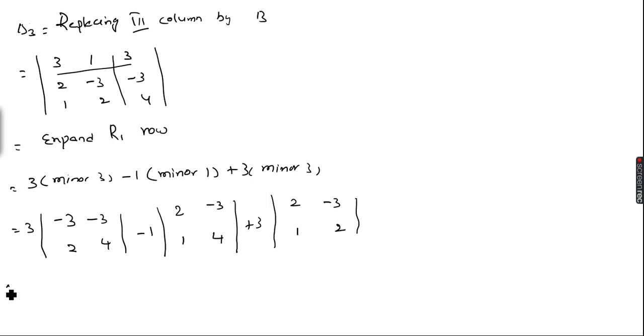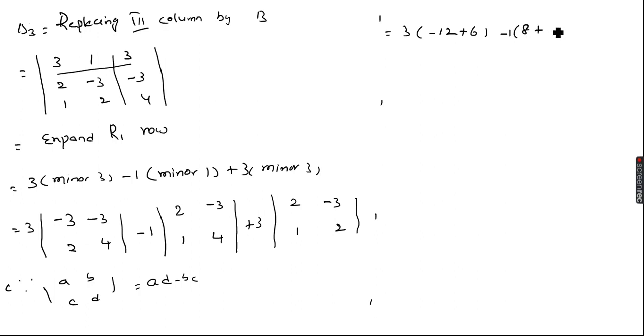So we have the basic formula: the determinant of A B C D is AD minus BC. So we get 3 into minus 12 plus 6, minus 1 into 8 plus 3, plus 3 into 4 plus 3.